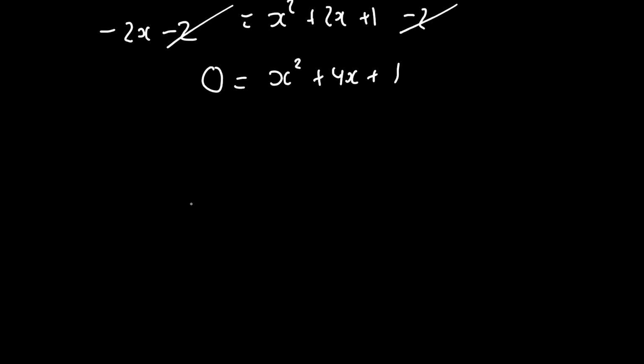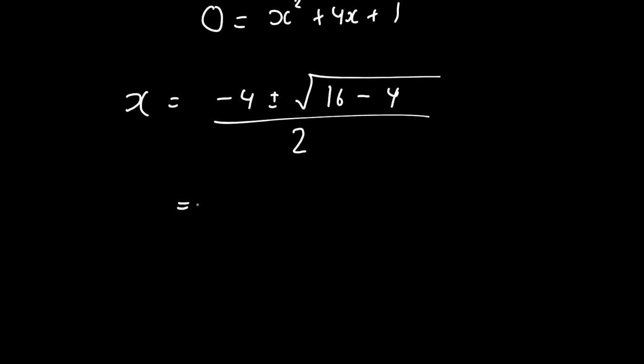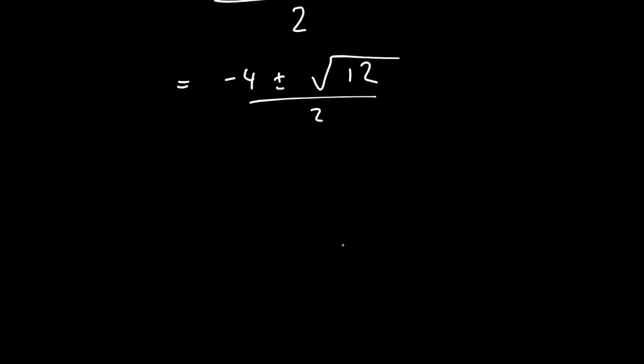And for this, we'll just use the quadratic formula. x equals minus 4 plus or minus the square root of 16 minus 4ac, which is just 4, all over 2. And then we can simplify this to be the square root of 12 over 2. And the square root of 12 is actually root 3 times root 4, and root 4 is just 2. So we're going to end up with 2 square root 3 all over 2.